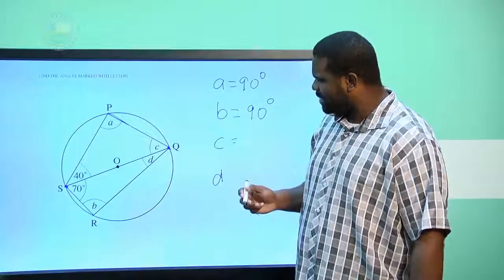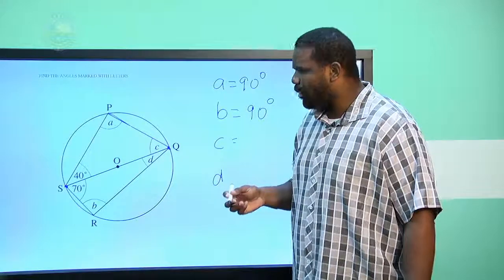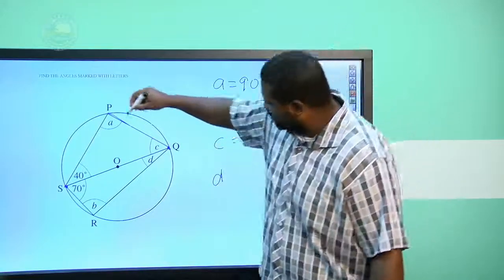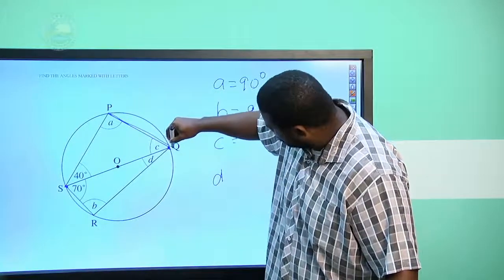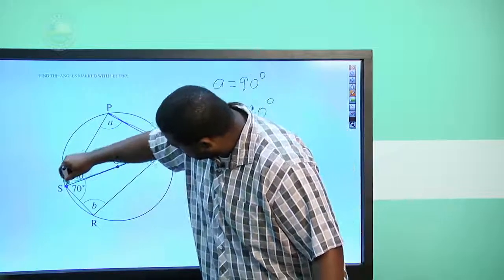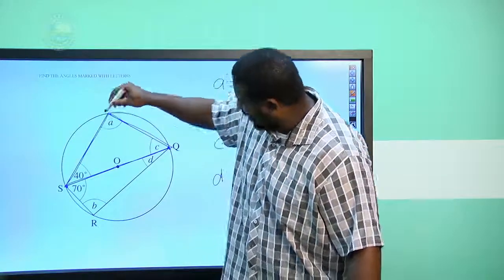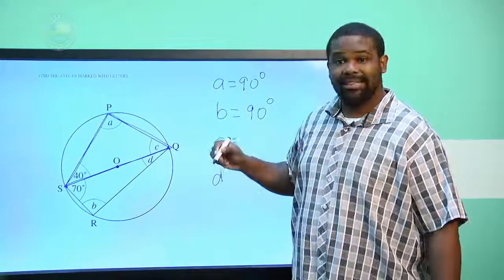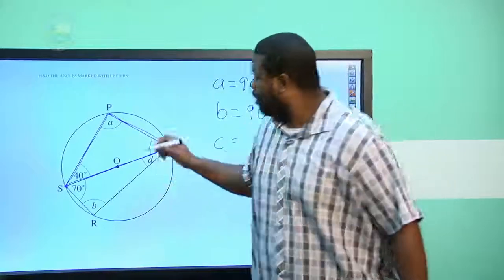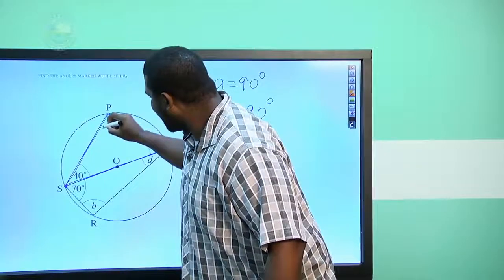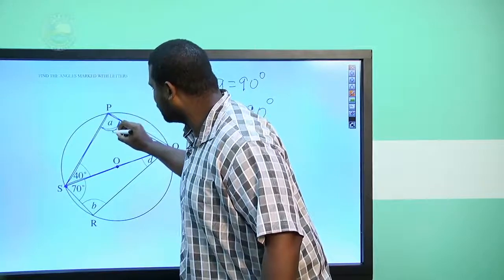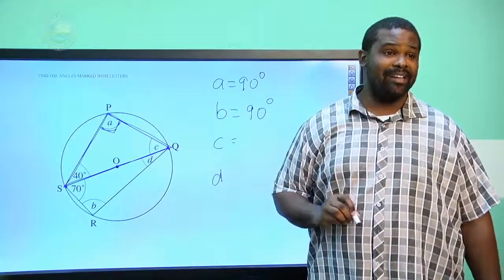How can we find C? Well, do we know what shape this is? If we go from P to Q, Q to S, and then S to P, you're right, it's a triangle. But more specifically, because A is 90 degrees, it's a right angle triangle.